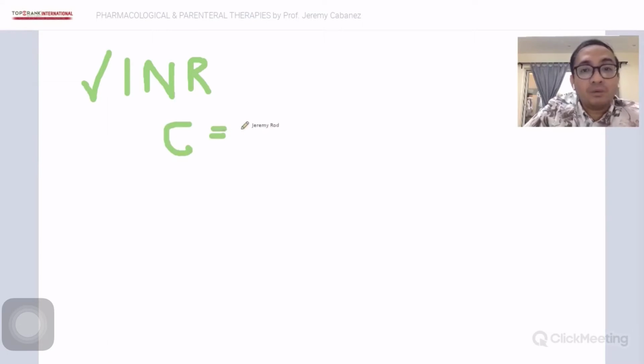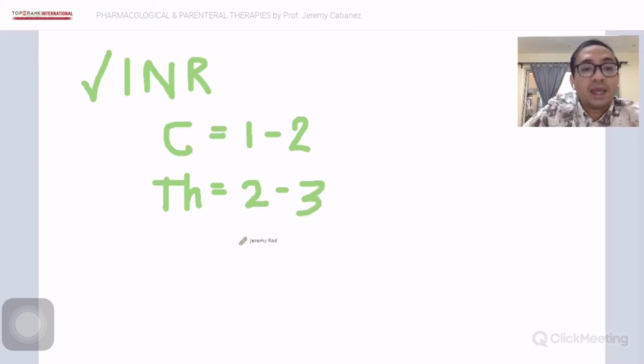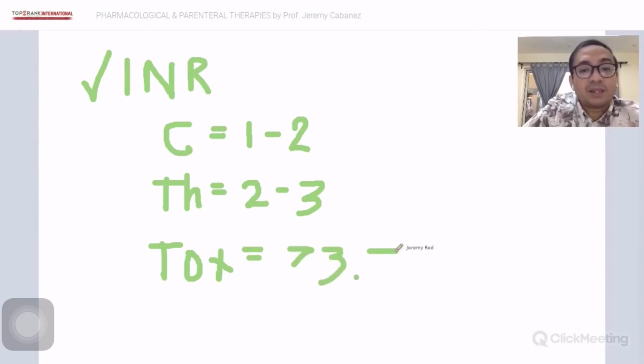The control value without the drug is 1 to 2. How would you know if it's therapeutic? It is therapeutic if you have 2 to 3. And how would you know if it's toxic? It becomes toxic if it is more than 3.5.